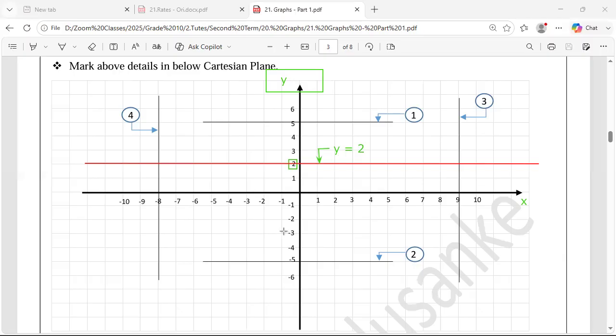So where I have negative 3, through that negative 3, draw a straight line. So this is called y equals negative 3.